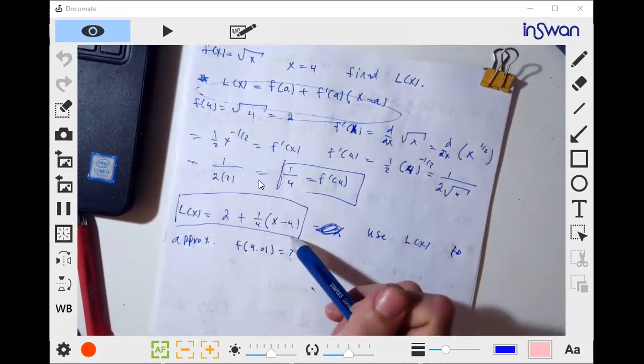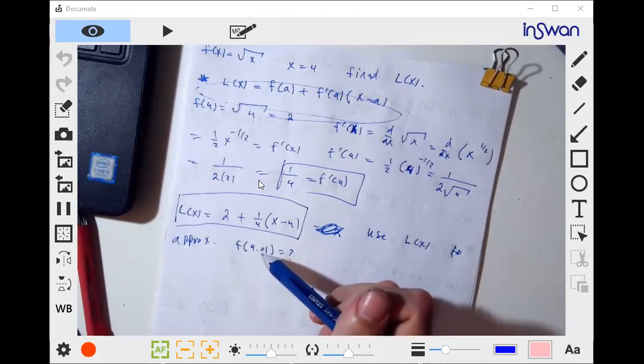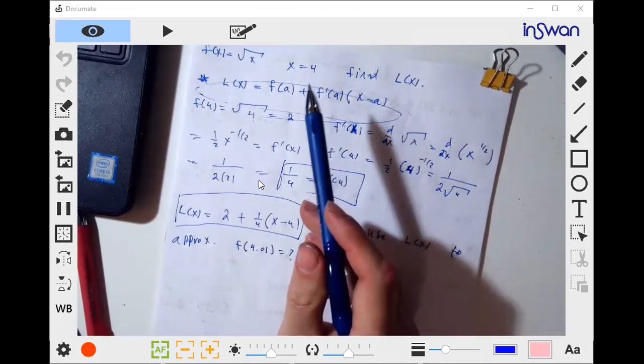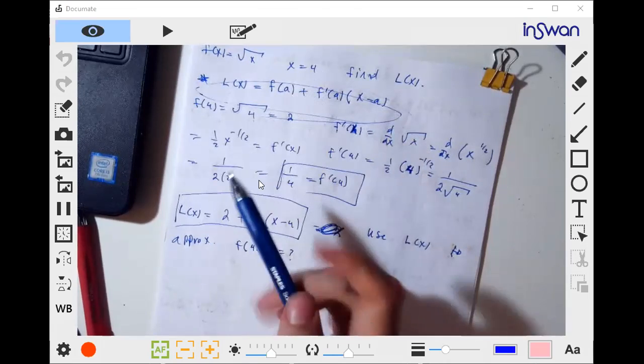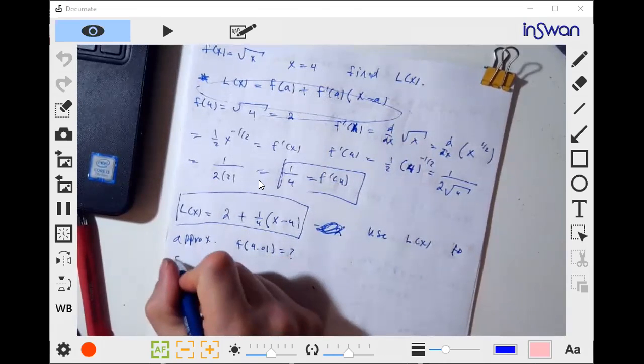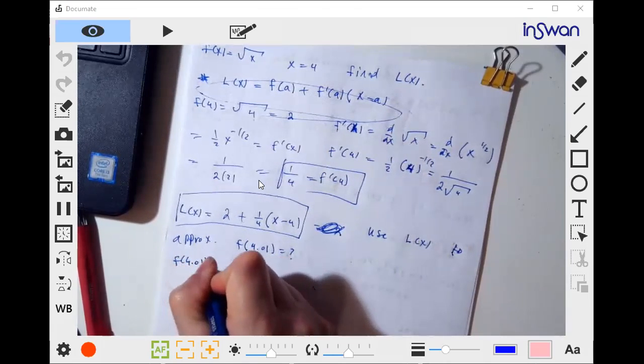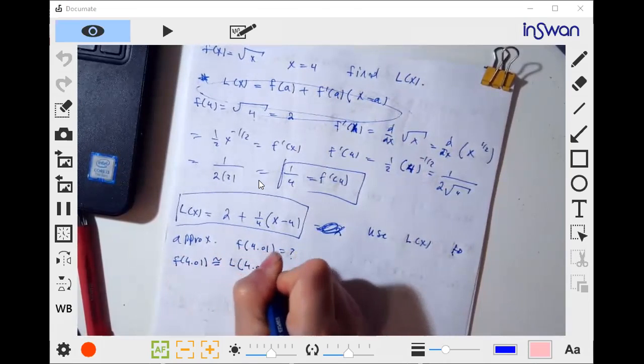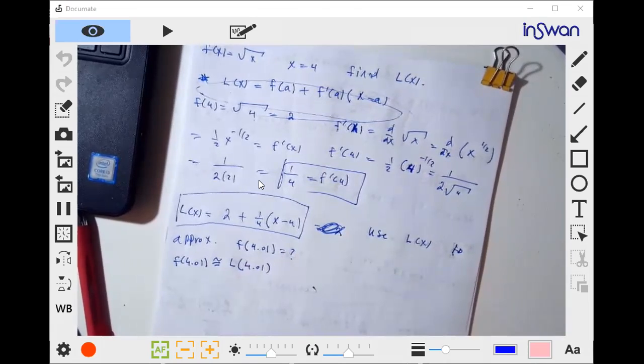And the linearization is only accurate for values very close to x equals 4. So the linearization is an approximation. So f of 4.01 is approximately equal to L of 4.01. And it's a valid approximation because the linearization is only valid for values very close above and below x equals 4.